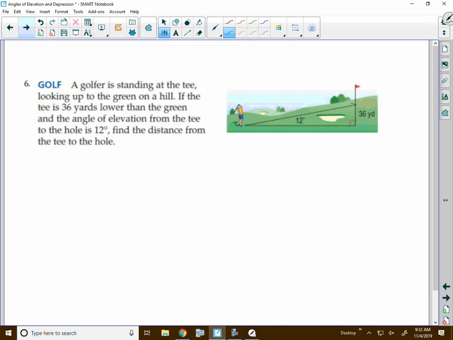That's the shot. So it's easy. The hole is here.